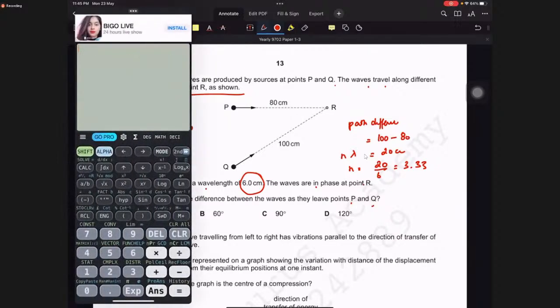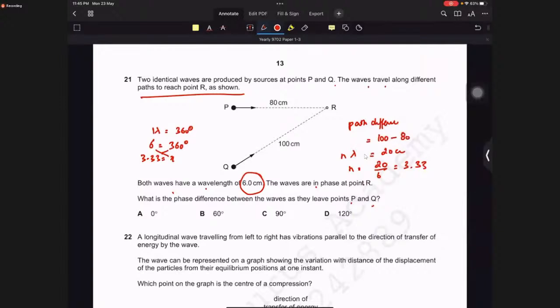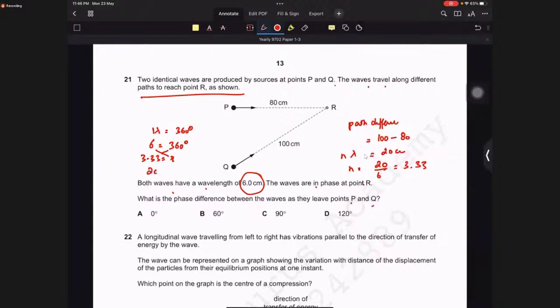Let me move it here so you can see: 360 times 3.33 divided by 6. So I'm getting an answer of around 200. But there's no answer like that. I made some mistake here, I think.